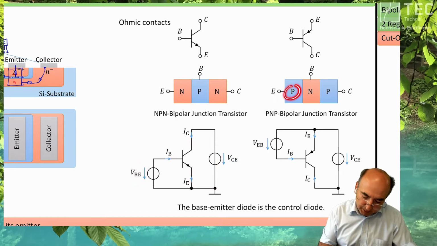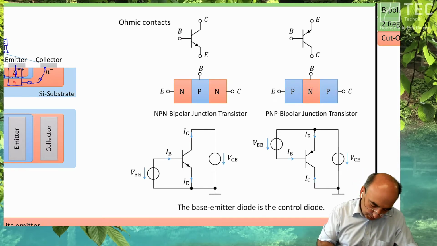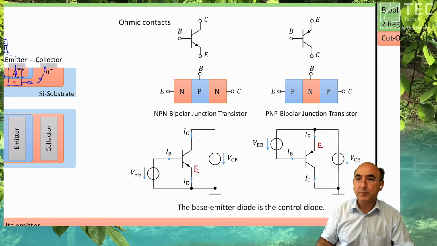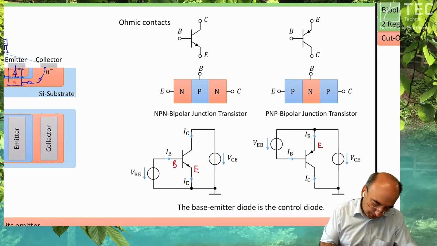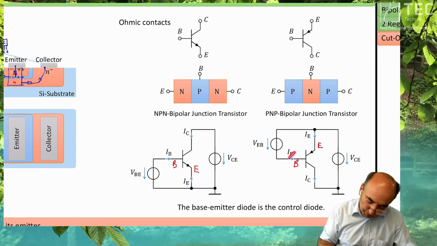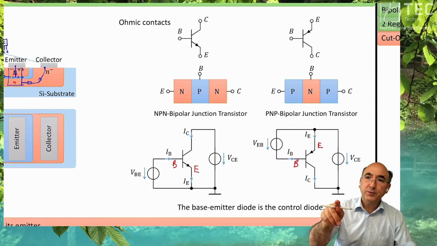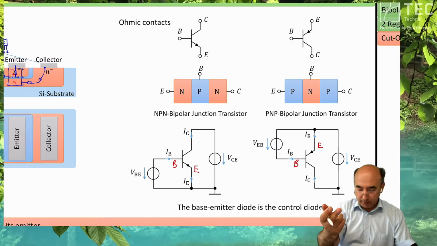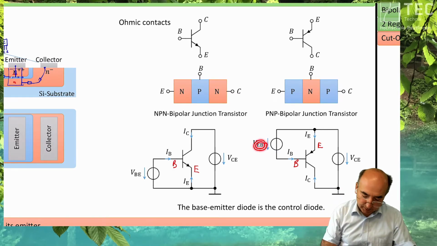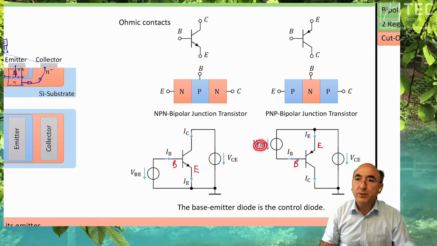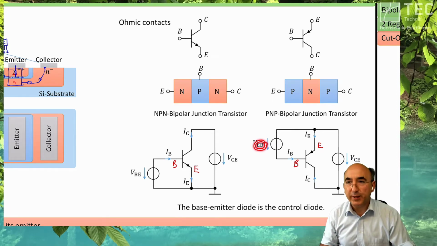And the PNP, yeah, if you take into account the emitter here, there you have the emitter here. If you take into account the base here, and for the PNP, the base is here. So the base emitter voltage is here. And like in the MOSFET, if you change just the index variables, you have the correct biasing polarization.